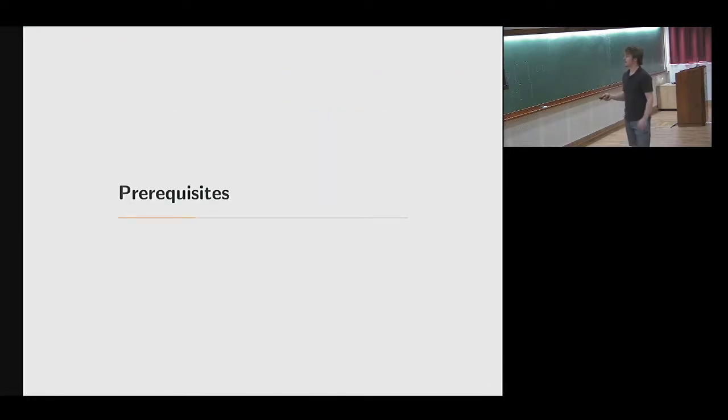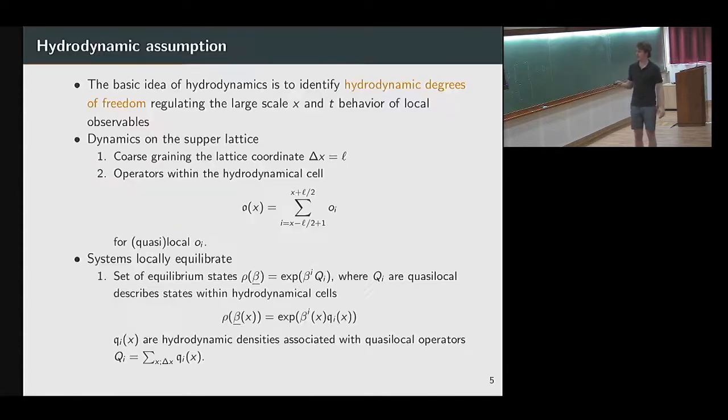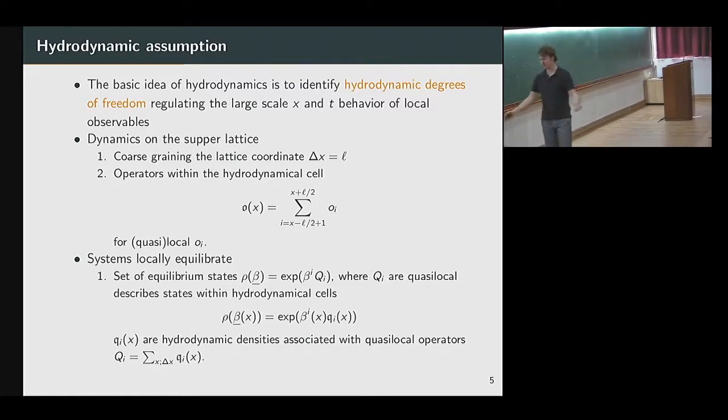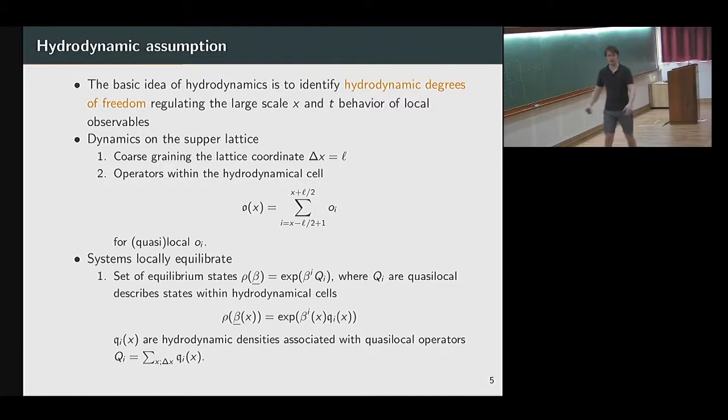Okay, so let me introduce some notation and basically things we need. What we do is, I would say, quite a naive version of the hydrodynamical assumption. The basic idea of the hydrodynamical assumption is just to try to identify some degrees of freedom which are long-lived.